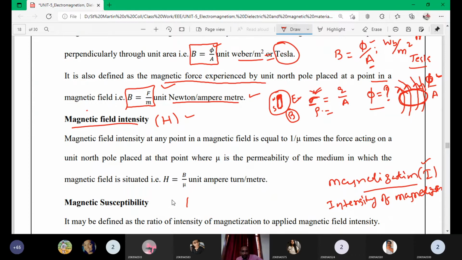Magnetic field intensity is given by 1 by mu times the magnetic field flux density.